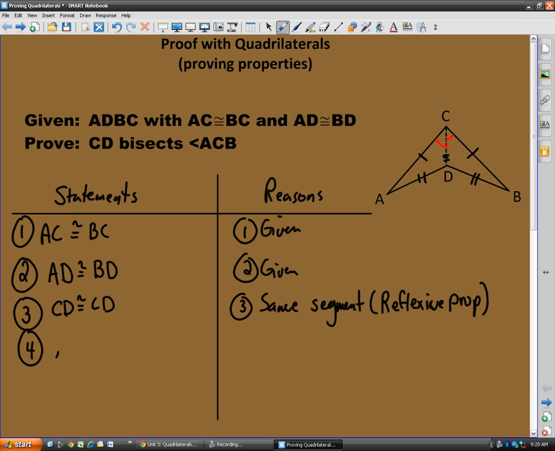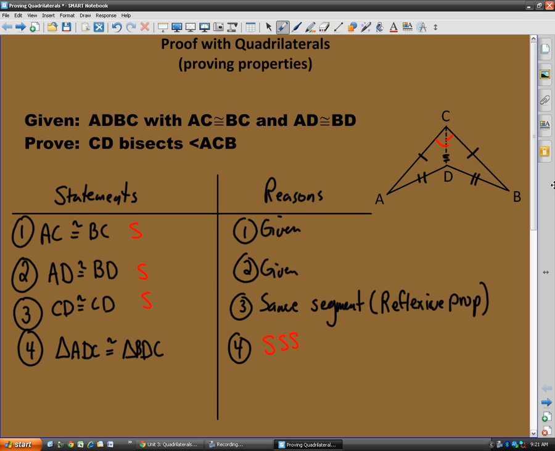So I could say triangle ADC is congruent to triangle BDC. We can say that because up above we showed there were two pairs of sides congruent, plus the common side. So down here my reason is side, side, side.